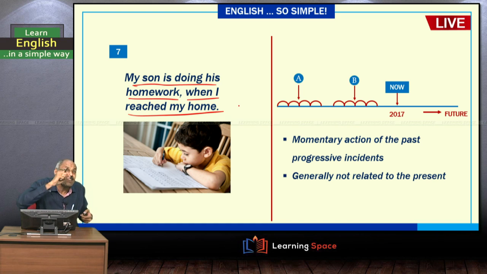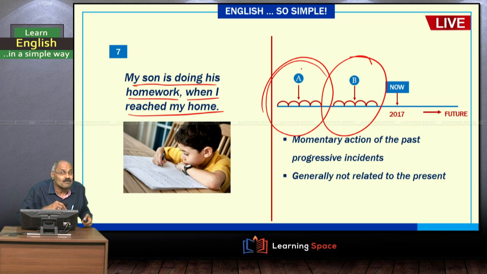Please understand this concept: this is the incident when the person reached home, and this is a continuous activity of doing homework, indicated with the momentary action only.